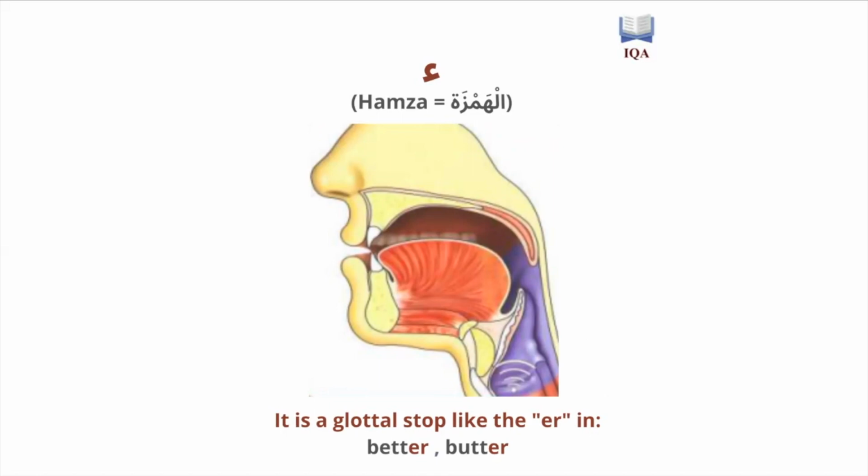When you say it, you should feel as if the bottom of your throat, your two vocal cords, are closing together. You should actually be able to feel that. It's very similar to the sound at the end of butter and better, when you're saying it you're definitely going to feel that your two vocal cords are coming together and closing, and that's exactly the same feeling that you want to feel when you're saying a, i, u.